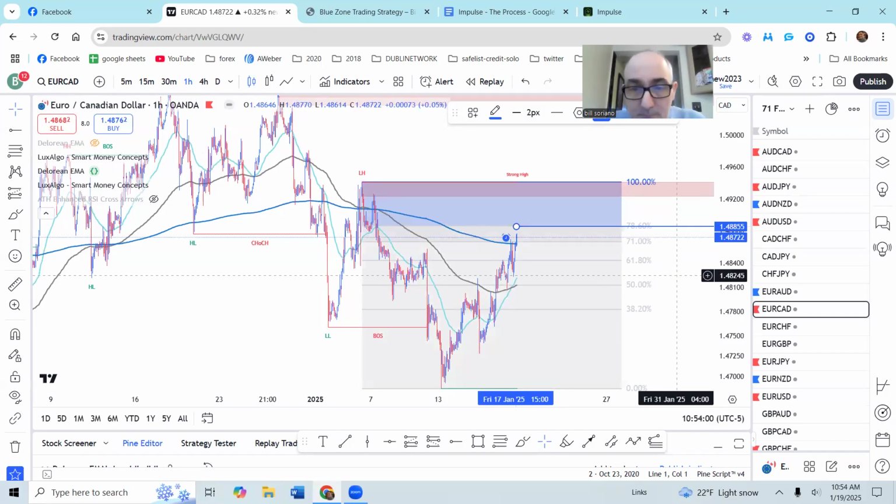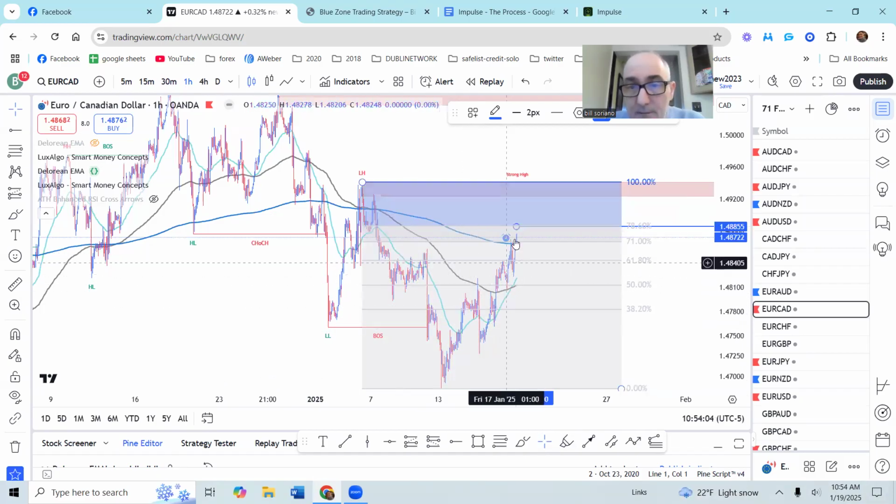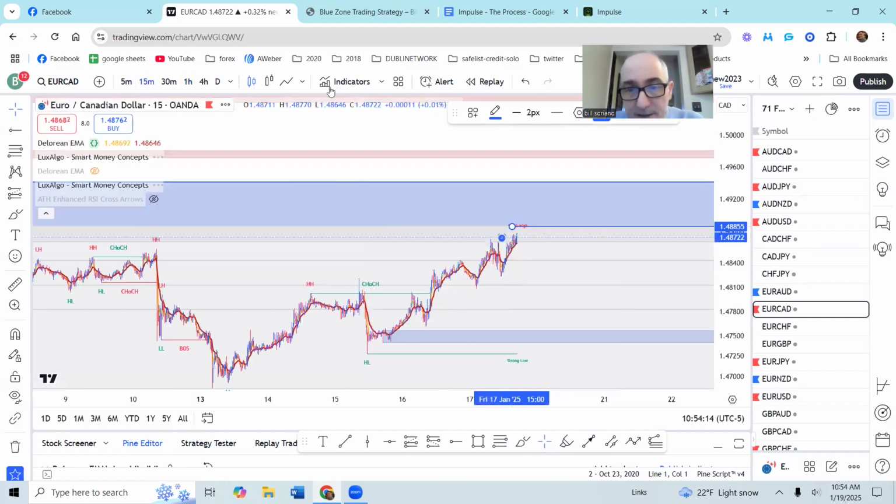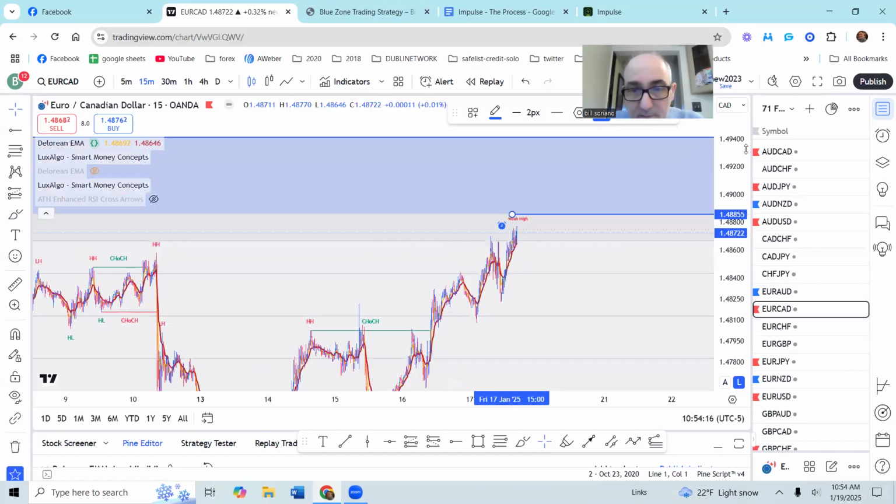Now, we may have been able to look for them down here, but at this point, we wouldn't do that. We would just simply wait for price to come into the blue zone. Our alert goes off, then we drop down to the 15-minute and we look for an entry, right?